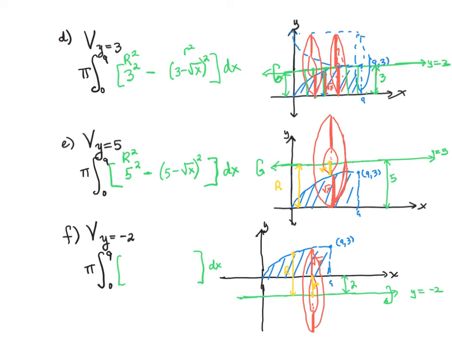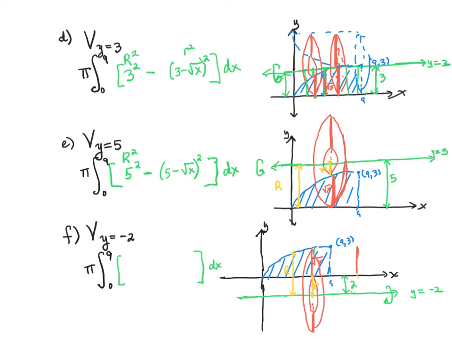Well, big R is this piece, the red piece, plus 2, right? Does everyone see that? It's the red piece, plus 2. That's the big radius.